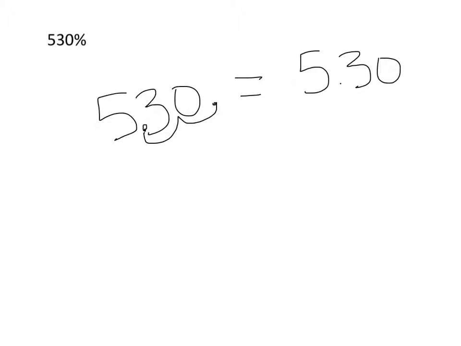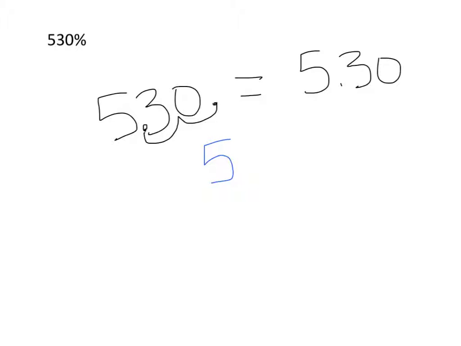Our next step now is to turn this problem into a fraction. Well, I know I have a number before my decimal point, so my answer is actually going to be a mixed number. So I'm going to have 5 and some value. Well, let's look at it. I have 0.30. Well, I have a 3 in the tenths spot and a 0 in the hundredths. I don't have to worry about the 0, so let's look at the 3.